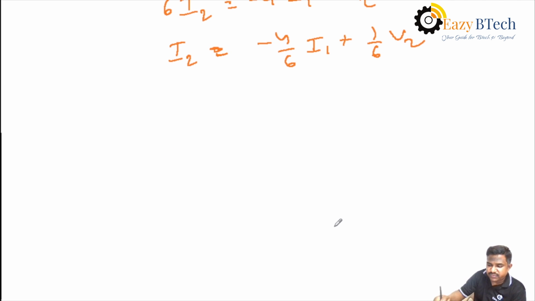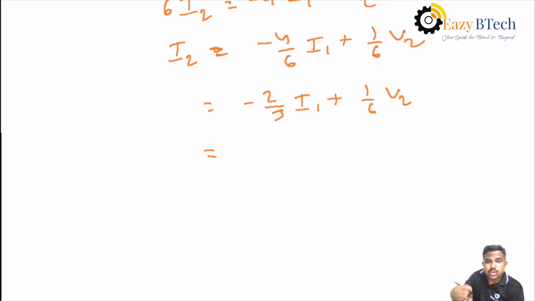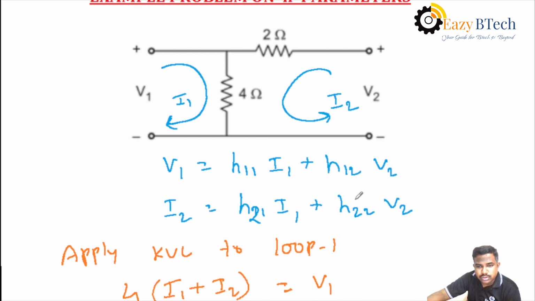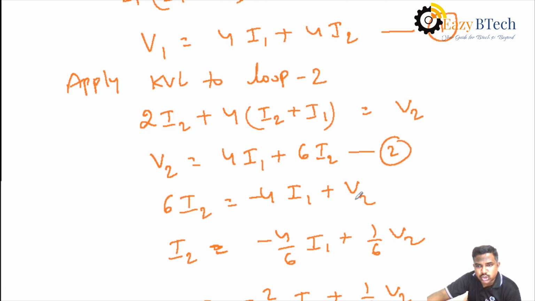Then you have to simplify. Minus 2 by 3 I1 plus 1 by 6 V2. Then we have to compare with the standard equation, that is H21 I1 plus H22 V2. Okay? From the above equation, I2 equal to H21 I1 plus H22 V2.